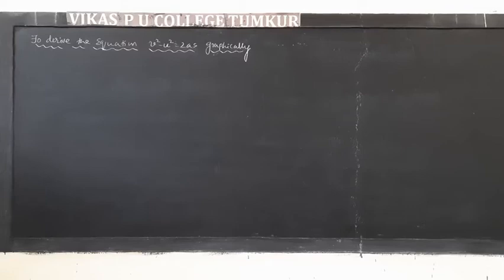Well, in our previous videos, we have already derived two other equations of motion. We derived the equation v equal to u plus at, which was called the first equation of motion.